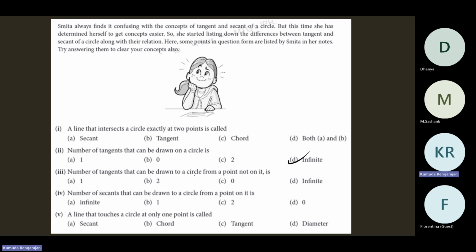Number of tangents that can be drawn to a circle from a point, not on it, is... Not on it means it's not inside or on it.